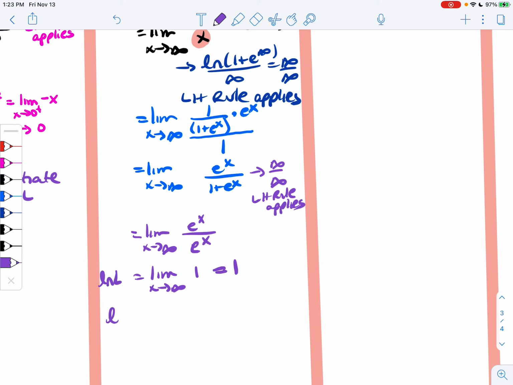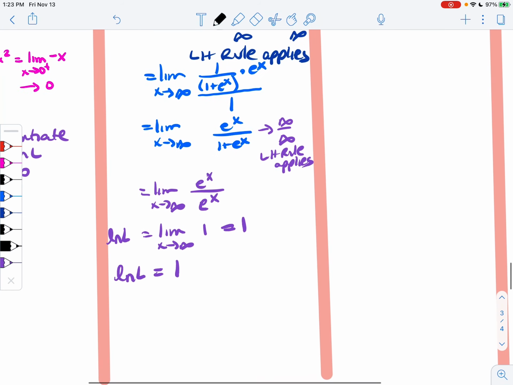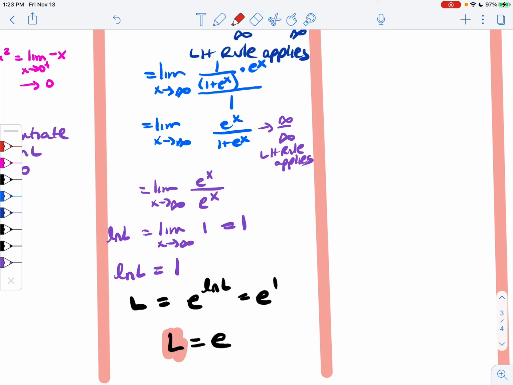So what have I calculated? My ln of L is equal to 1. So my L is going to be e to the ln of L, because that's composition of inverse functions again, and that is e to the first power, and so my limit is equal to e.